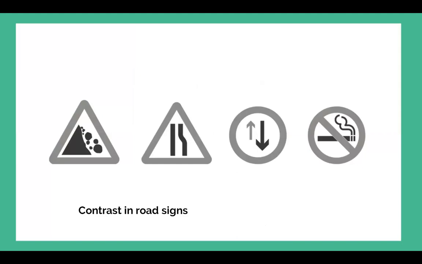And then we are having contrast in road signs. You can see this is a road sign. This is darker than this. So when somebody is looking at this road sign, somebody's attention is pulled to this more than the boundary.